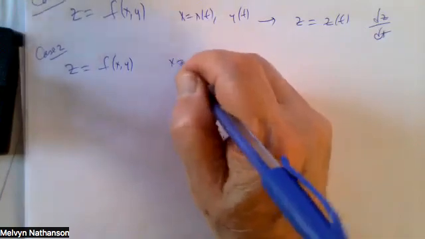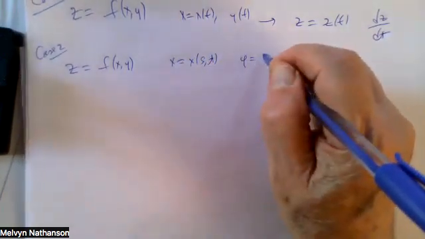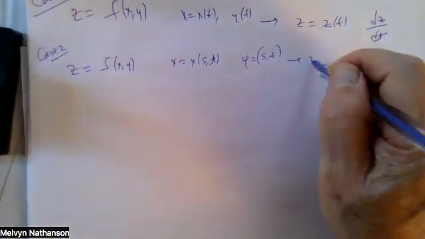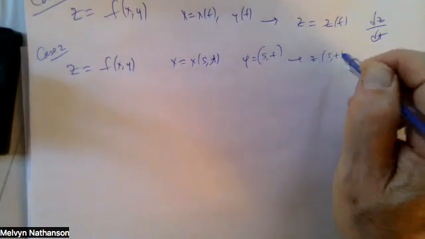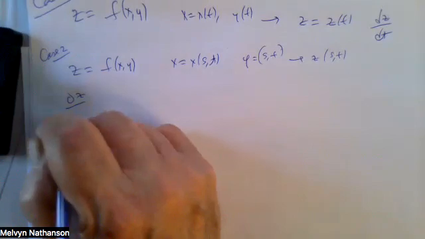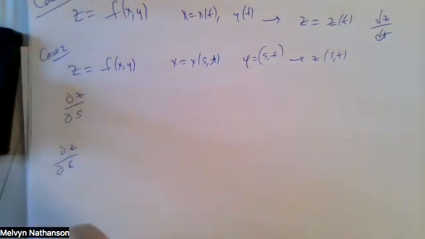So x is a function of variables s and t, and y is a function of s and t. So z becomes a function of these two variables s and t, and we want to find what is the partial of z with respect to s, and what is the partial of z with respect to t.